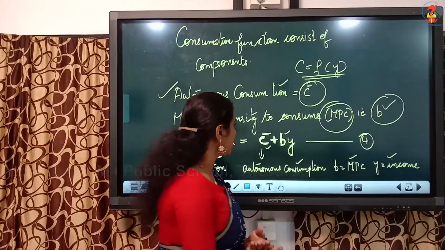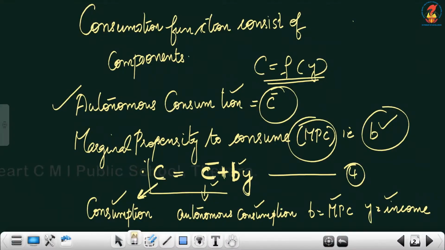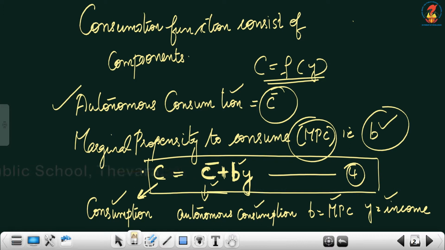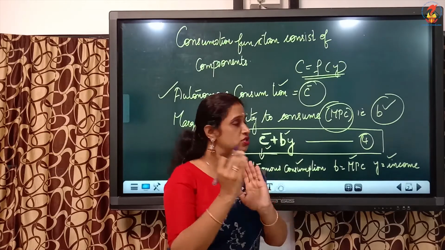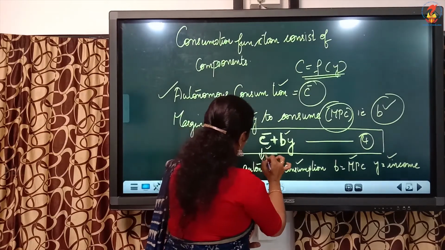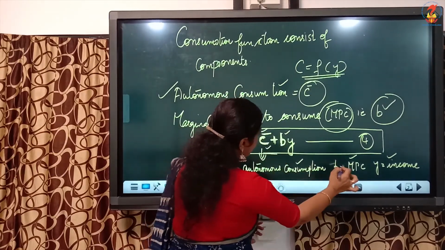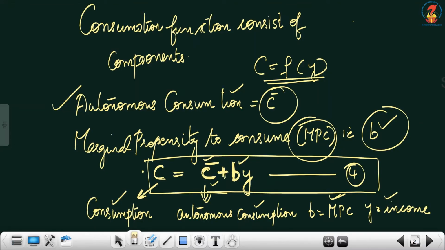Therefore, we have derived a new equation, C is equal to C bar plus BY, which is your equation number 4. Consumption consists of autonomous consumption C bar, the marginal propensity to consume B, and Y is the level of income.